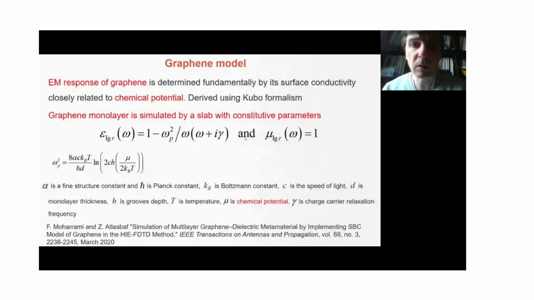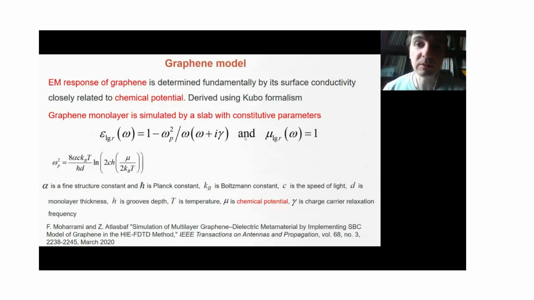In our model, we use the graphene model presented on the screen. The electromagnetic response of graphene is determined by its surface conductivity, which in turn depends on its chemical potential.